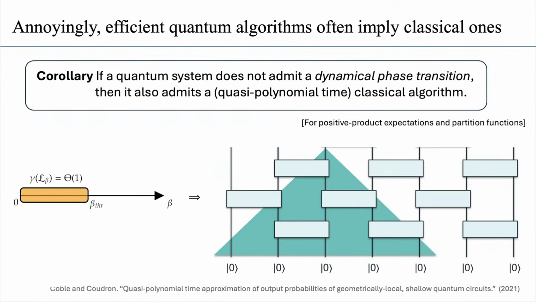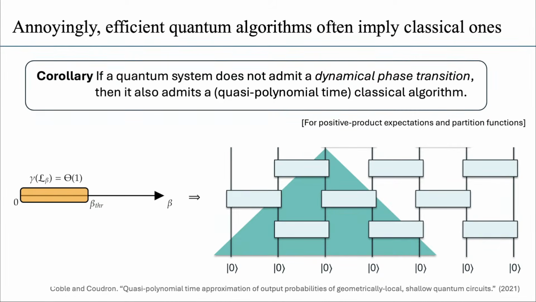Now, I think one should critically eye these results because, in a sense, they're saying that some of the main applications of these new families of quantum Markov chains, at least in the regimes where they're most efficient, namely the fast mixing regime, also imply classical simulation algorithms.